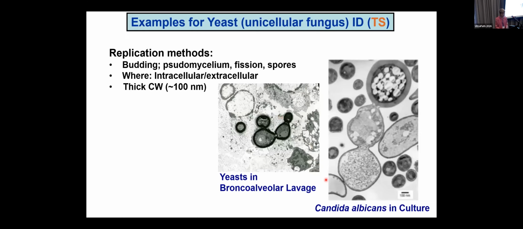Now, I took this picture in graduate school. This is in my dissertation. So that tells you that it is an ancient picture, but it's still relevant today. These are the yeast cells. And you can tell that this is the pseudomycelium and a spore that this yeast can make. And you can see how thick that cell wall is.